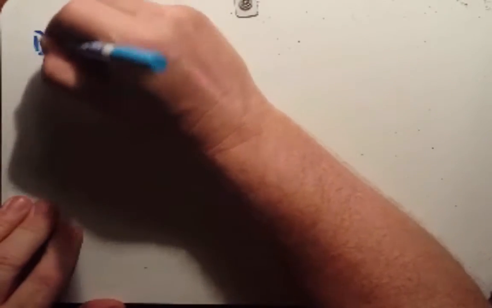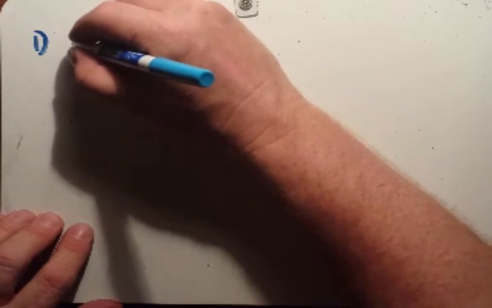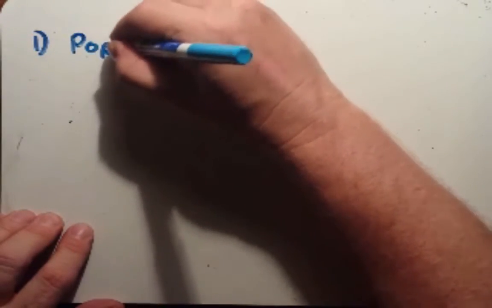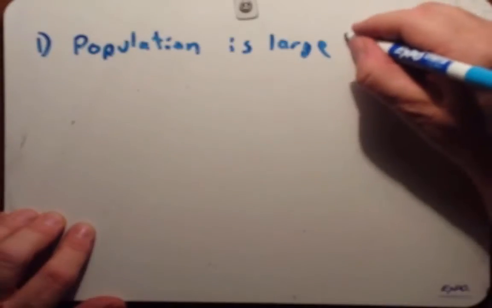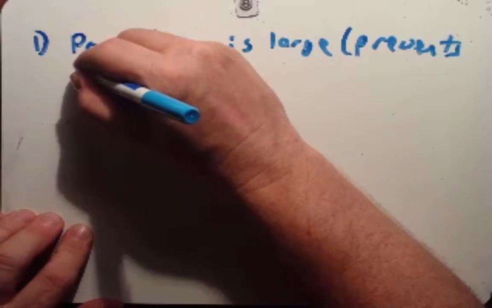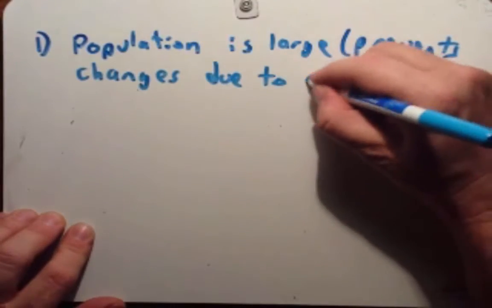There are 5 conditions. Sometimes we call these assumptions. So if I slip and say assumptions, conditions and assumptions are the same thing in this case. The first is that the population is large. And what this does is it prevents changes due to genetic drift.